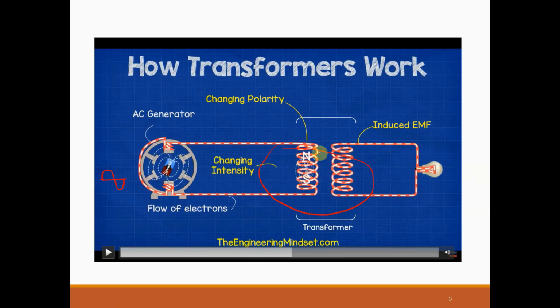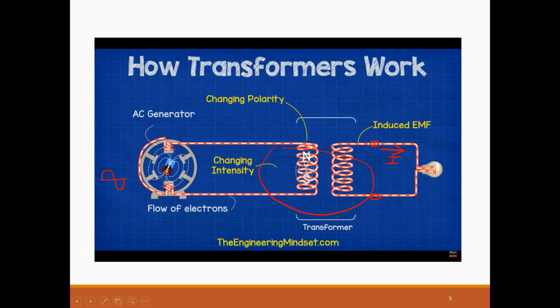Therefore, if there is a changing magnetic flux passing through the coil, there will be an induced electromotive force here on these 2 points. So if there is an induced electromotive force, it is a closed circuit, there will be an induced current.